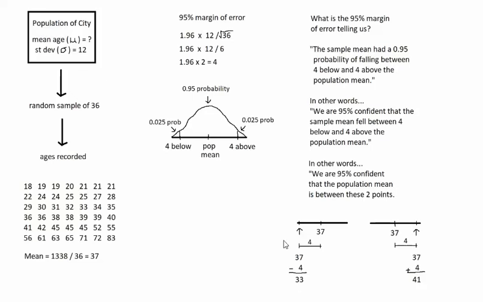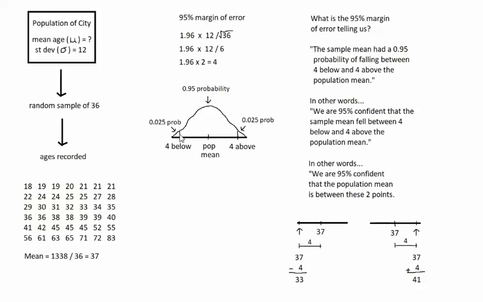So basically, if the sample mean of 37 came out here and it is 4 above the population mean, then the population mean would have to be 33, because this would be 33 at the center, and you go 4 up, and that would be 37. And now let's imagine for a moment that the sample mean came out down here, and it's actually 4 below the population mean.